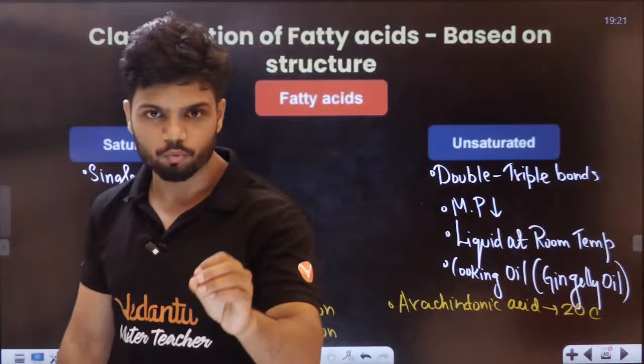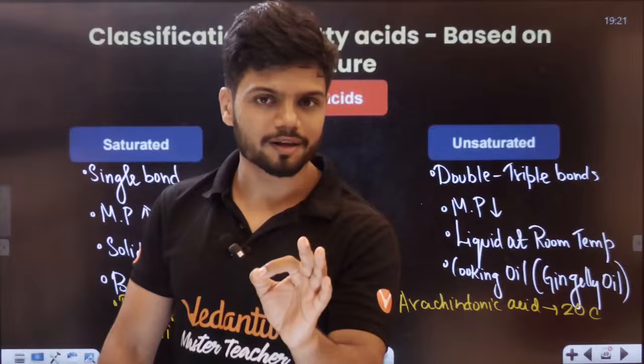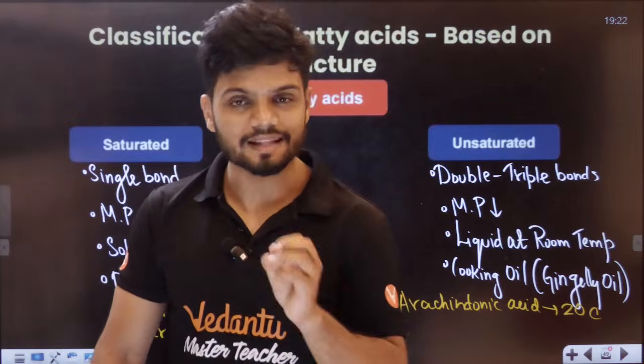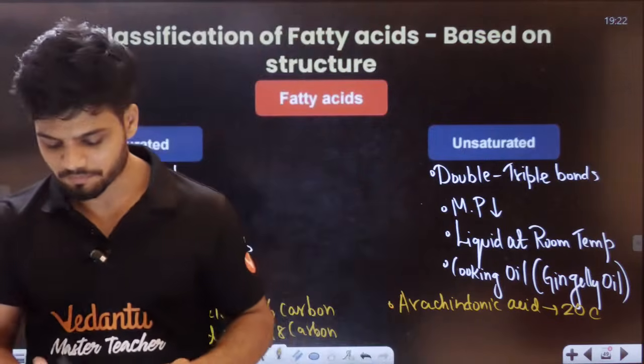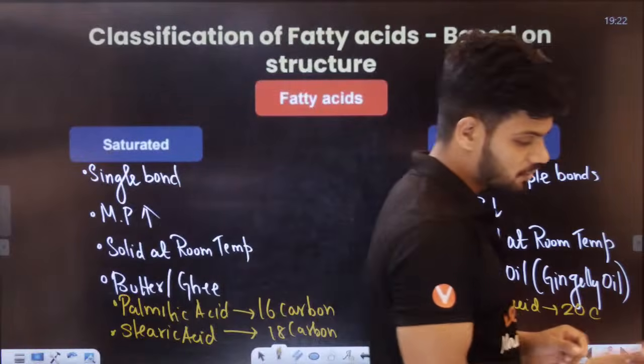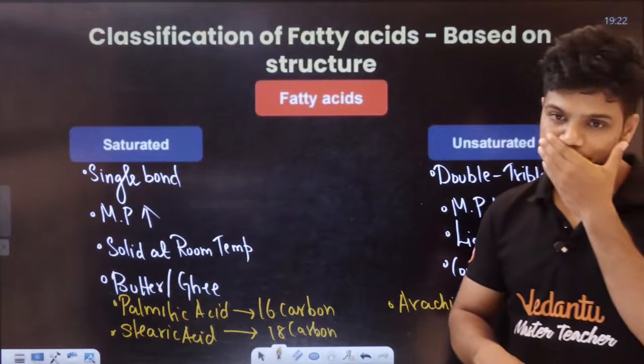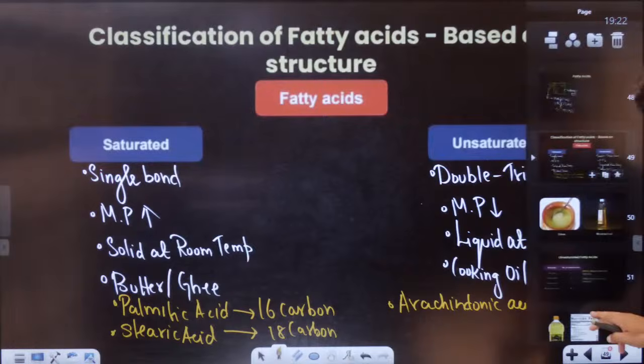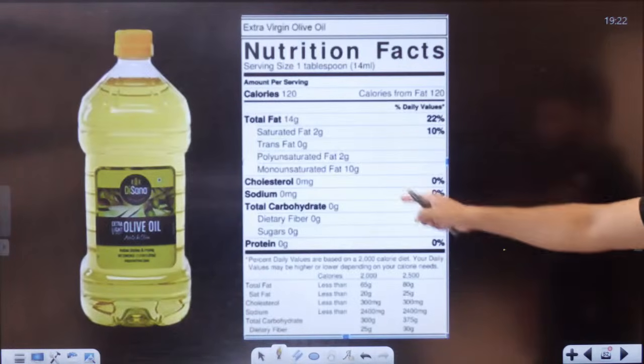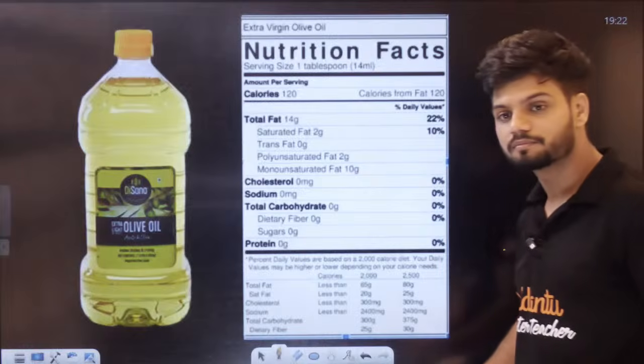Do you want to know why olive oil is very good for health, and that's why it's very costly also? You might have heard olive oil is very good for the body. Why, students?